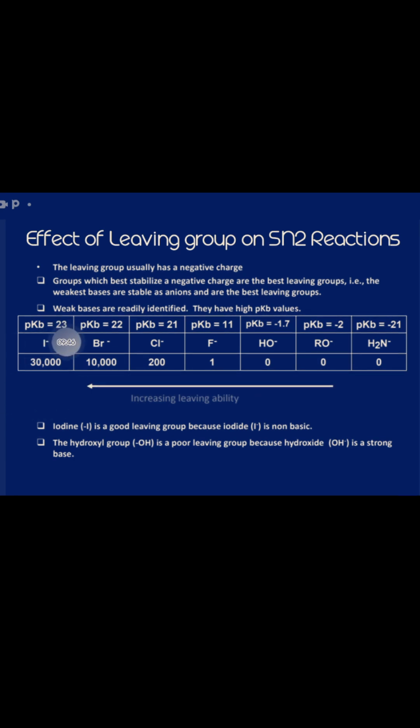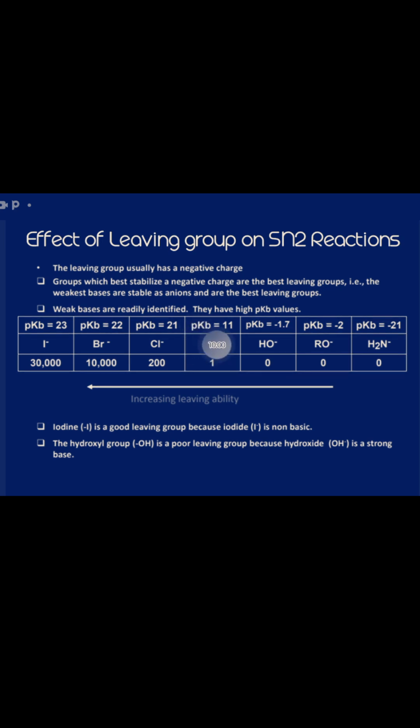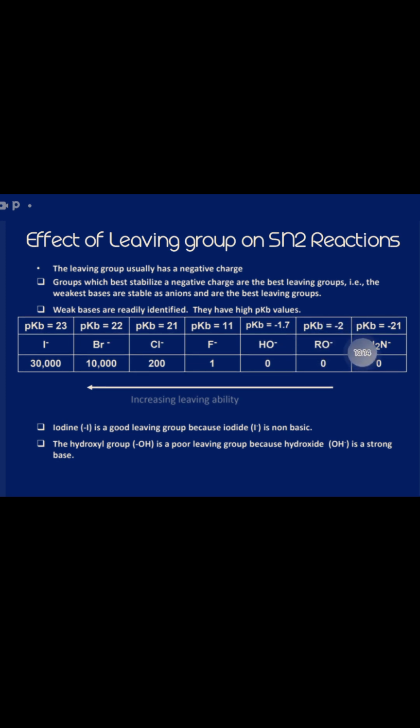This is the pKb value of iodide, that is 23, bromide, that is 22, chloride, Cl minus, that is 21, and fluoride, F minus, that is 11, and HO minus, that is 1.7, and RO minus, that is minus 2, and H2N minus, that is minus 21.